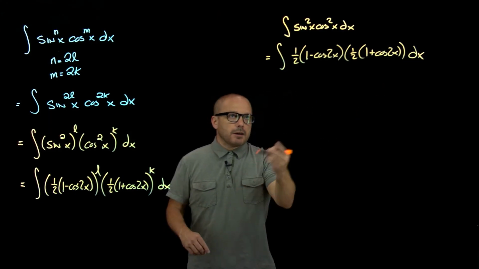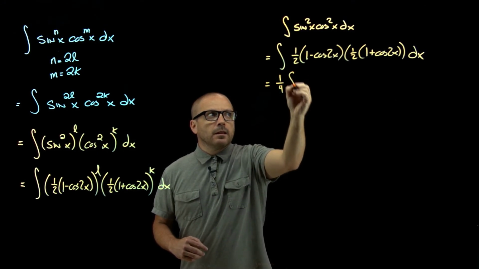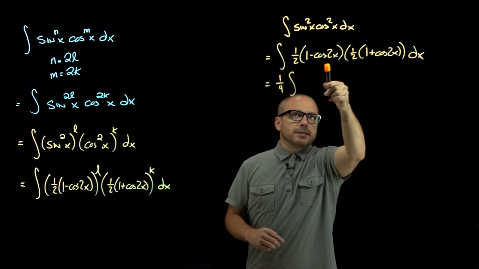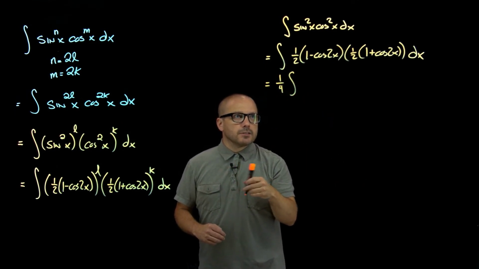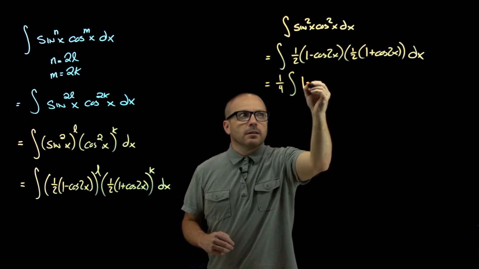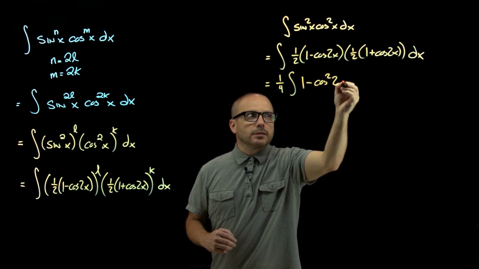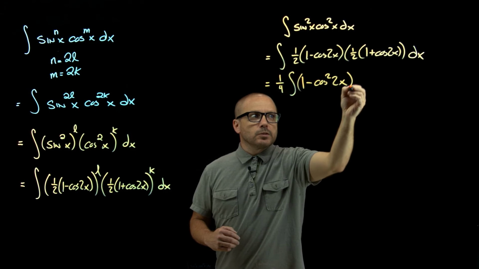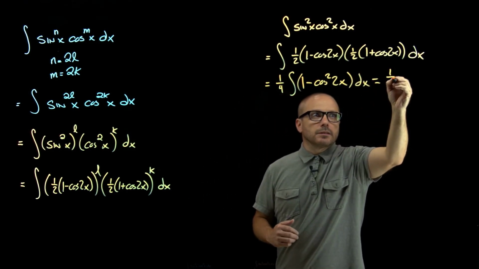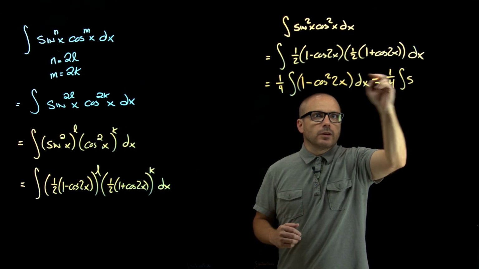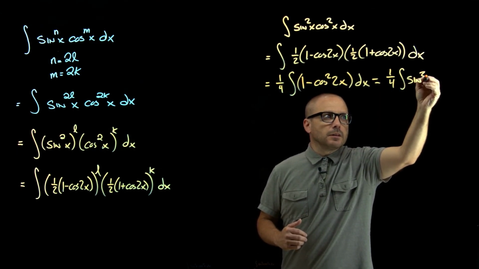The halves can come out. You have a half times a half, which is a 4th. And when you FOIL these, this is kind of nice because they're conjugates there. You just end up with 1 minus cosine squared 2x, which I'm going to write as sine squared 2x, just to make it a little easier. We could work with the cosine squared, but this just neatens it up a little bit.